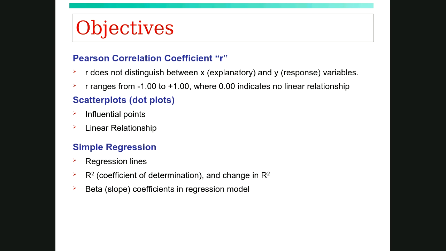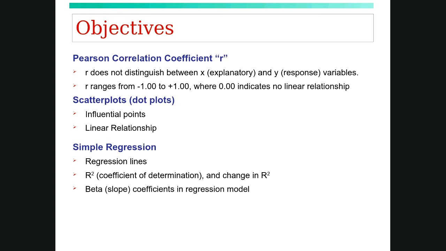It's just looking at the relationship, like what's the relationship between aggressive behavior and watching violent TV shows. It could be that watching violent TV shows leads to more aggression, or it could be that more aggressive kids watch more violent TV shows. Correlation doesn't distinguish between those two, it just looks at the relationship between them.